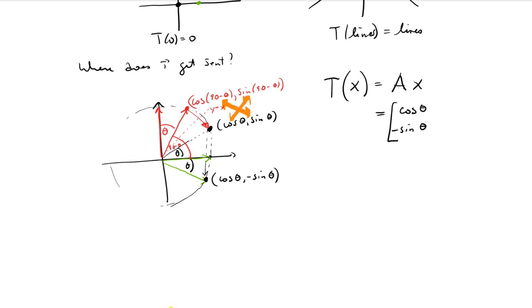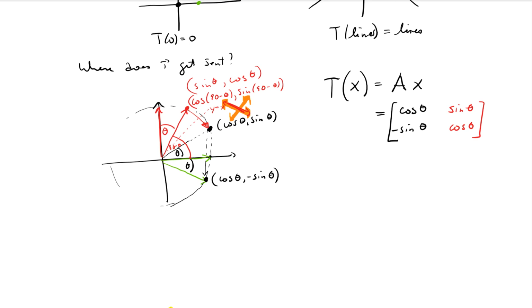So although I could write that J gets mapped onto cos of 90 minus theta, sine of 90 minus theta, I can do a little bit better than that. It's going to look prettier if I write it this way: cos of 90 minus theta is the exact same thing as sine of theta, because one is the mirror of the other across the line y equals x. So this is sine theta, cos theta. Instead of cos 90 minus theta, I'm going to write sine theta, cos theta here.